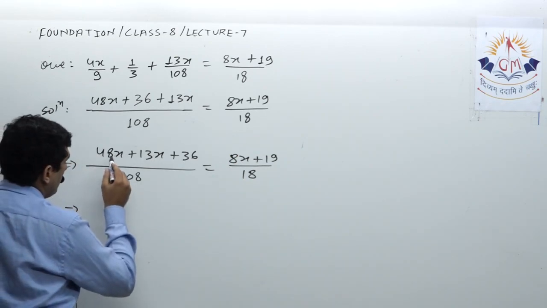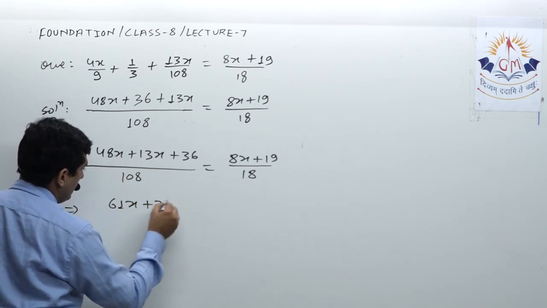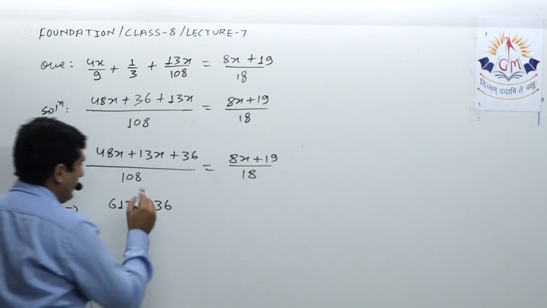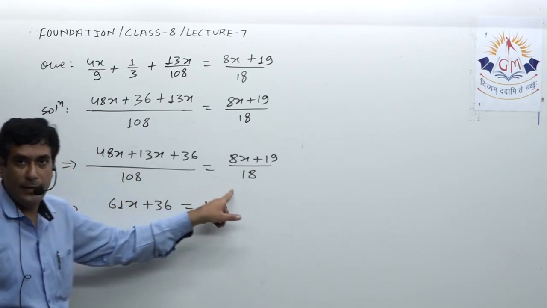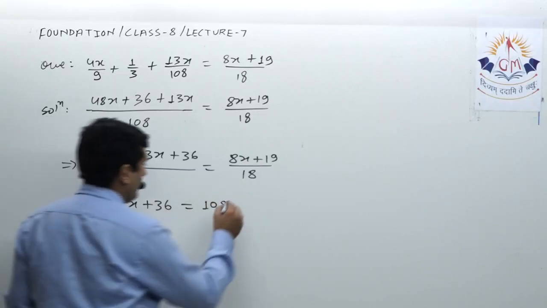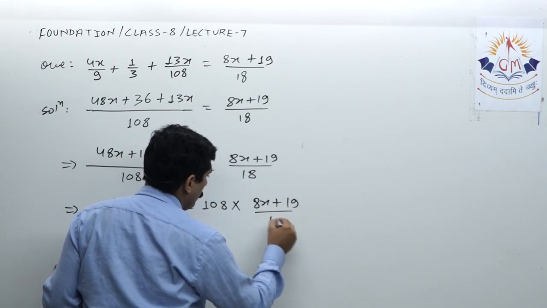Okay, now this is 61x plus 36. Now I'm taking this 108 on this side because this 108 and 18 we can cancel into (8x plus 19) upon 18.